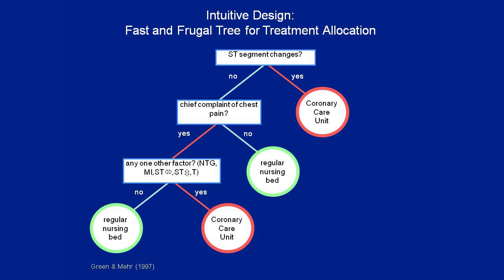This is a heuristic. Now, how good is it? First, it's quick. You can do it much faster. It's frugal. You don't need to spend all this effort. And it's transparent. The doctors understand this, as opposed to the complex system. But how good is it? And I'll show you the study.